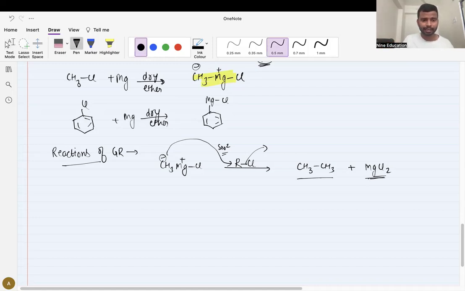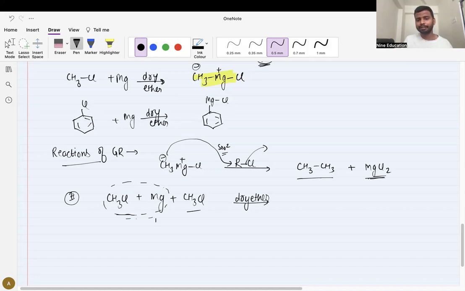reaction. देखें, let's say I have CH3Cl 1 mole, you have magnesium, you have 2 moles of CH3Cl, magnesium in dry ether. So what will happen? 1 mole of CH3Cl and Mg will make a Grignard, CH3MgCl. This Grignard reagent is made.